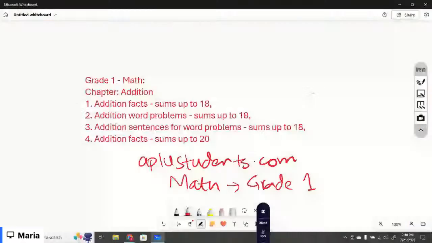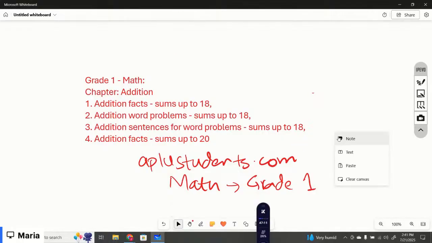The lessons we have covered today are sums up to 18, addition word problems sums up to 18, addition sentences for word problems sums up to 18, and addition facts sums up to 20. So please make sure before the next session you complete all the practice questions for the lessons we just did. That is your homework until next session.